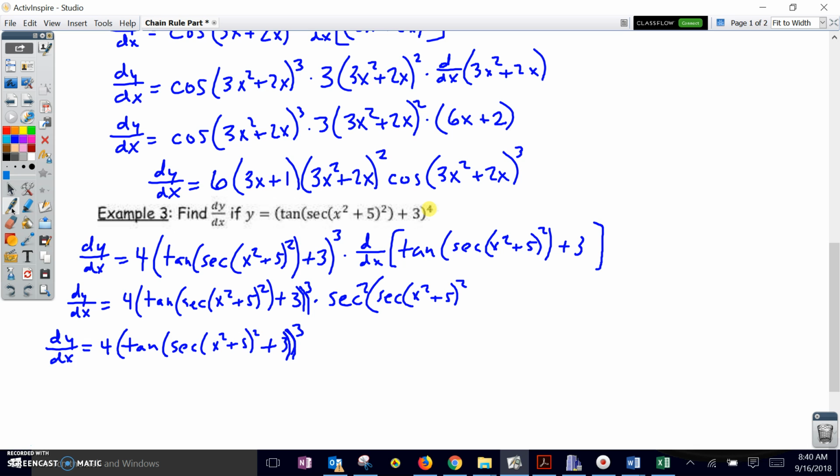Well, the derivative of the tangent function gives me exactly what I've got here. And then the 3, the derivative of that is 0, so I don't need that in my function. And then that's going to be multiplied by the derivative of the inside, which is secant of x squared plus 5 quantity squared. Alright, we've got all that worked out now.